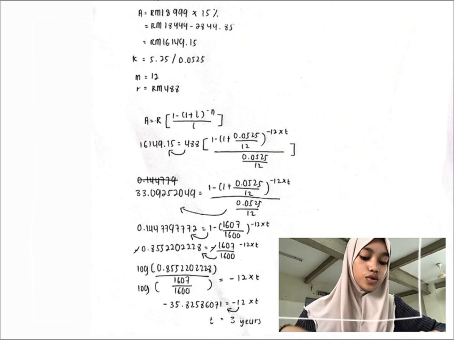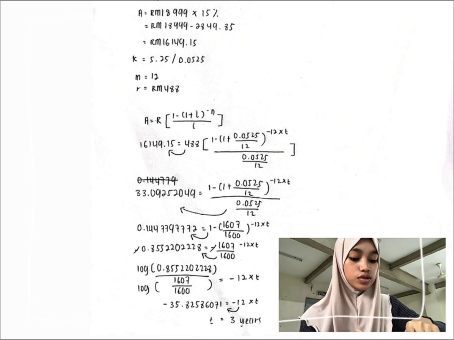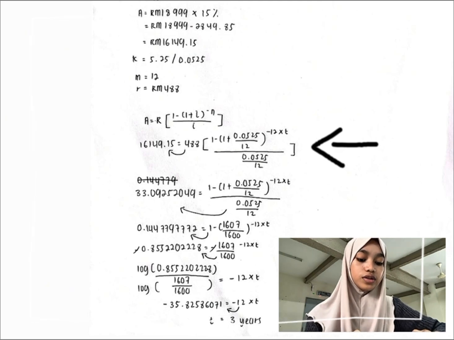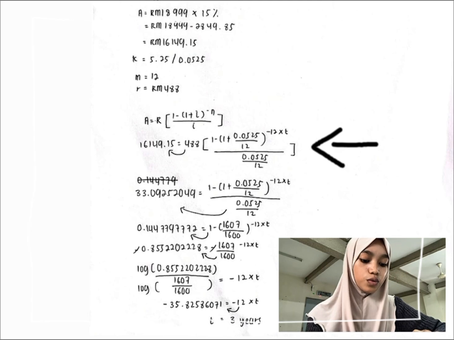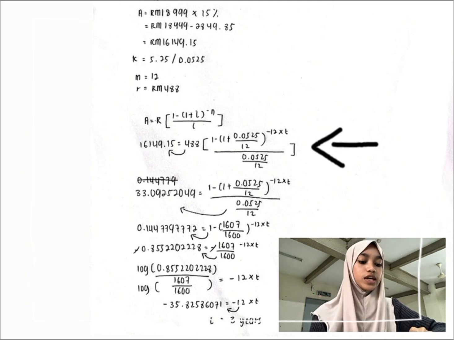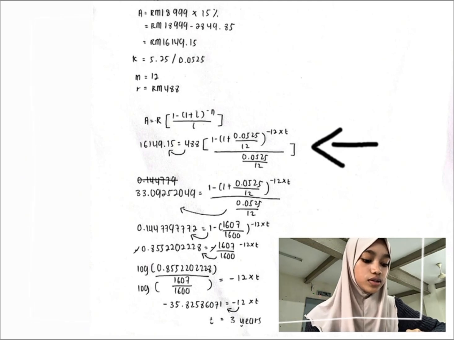Okay, so from the information we need to input into the formula. 60,149.50 equals 488[1 minus (1 plus 0.0525 per 12) to the power of negative 12 times T] per 0.0525 per 12.